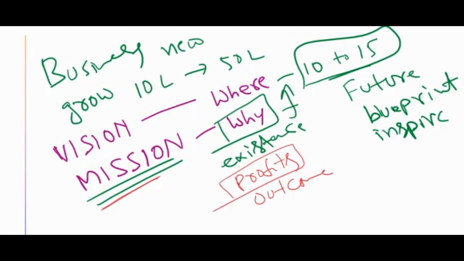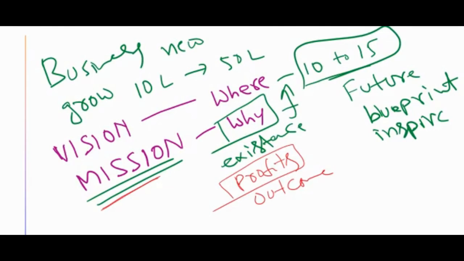So always your mission should be solving problems of customers. We will also look at some examples of mission statements and vision statements of well-known companies so that you can understand easily, right?